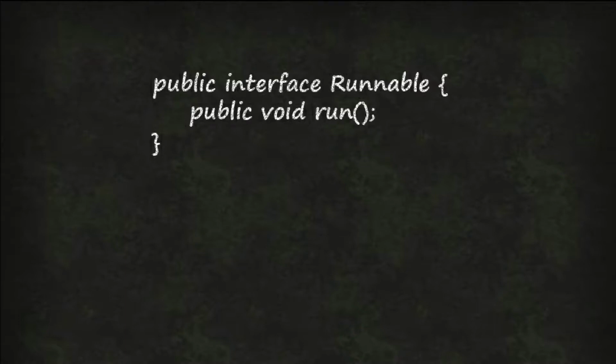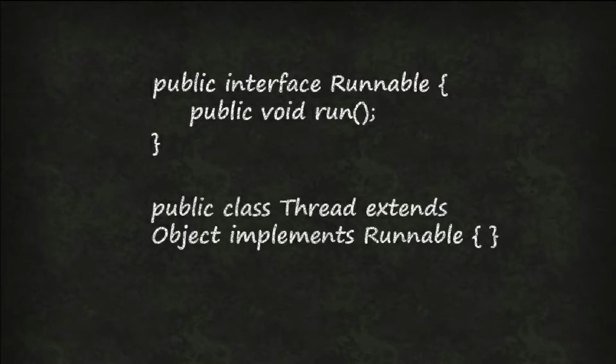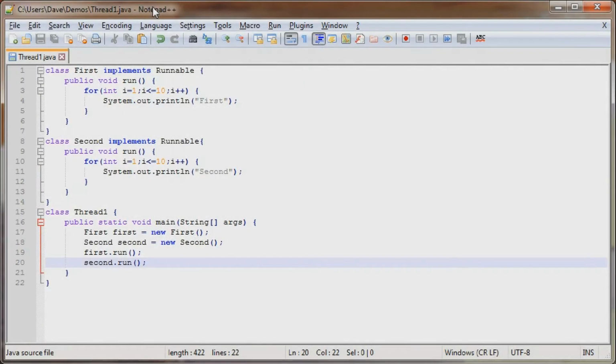What we actually need to do that, however, are two more things. First, we need this Java thread class, which is also in java.lang. Thread also implements runnable, but the run method that it comes with is empty. It just returns void, and that's it. Now, there are two ways of putting something into that run method, though. The most common way is to pass another runnable object to the constructor.